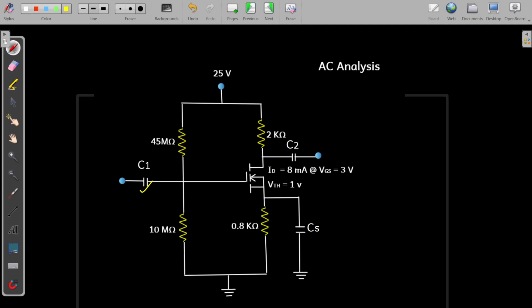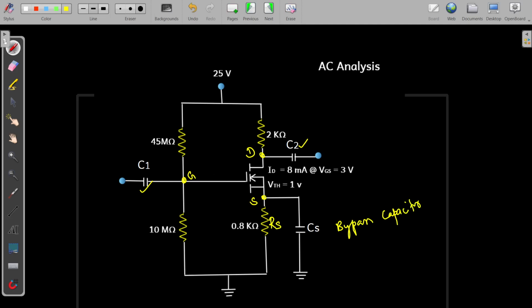Similarly here at the output side we name this as C2, and across this resistor, which is the source resistance, we have a capacitor that we name CS. Okay, and this point is our gate point, this point is drain, and this point is source. And this capacitor C1 is the coupling capacitor, C2 is also the coupling capacitor, and CS is the bypass capacitor.